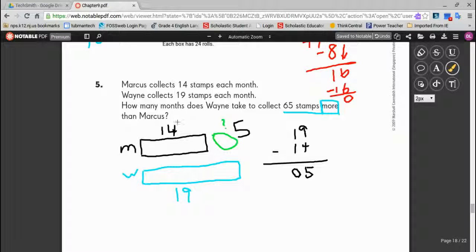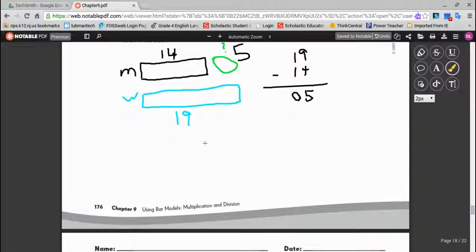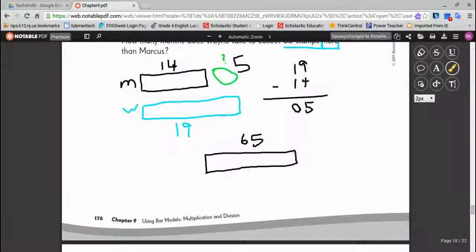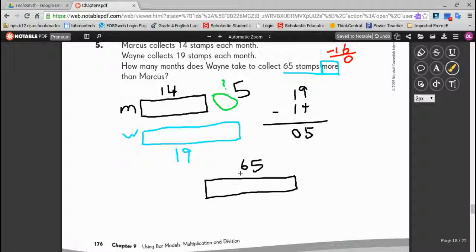So then I want to figure out how many months it takes him to collect 65 more stamps. So here is my 65 more stamps. I want to figure out how many months it takes Wayne to collect 65 more stamps, and I know that each month he collects 5 more stamps. So that's month number 1, 5 more stamps.